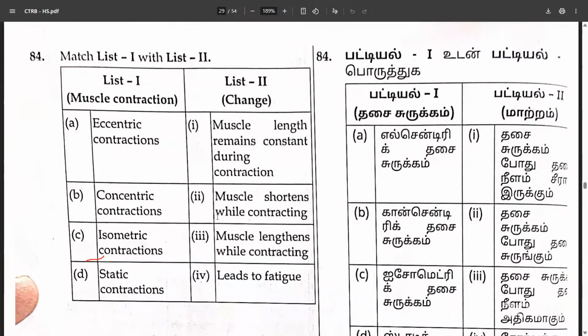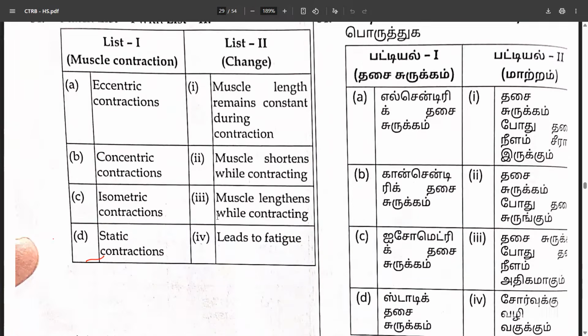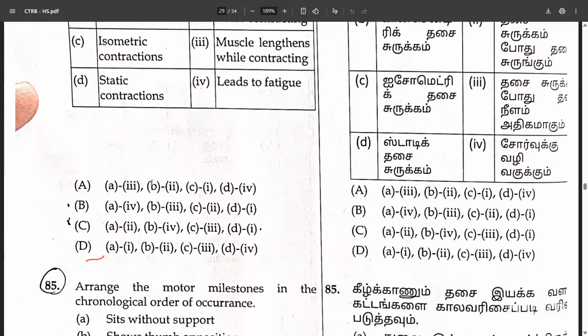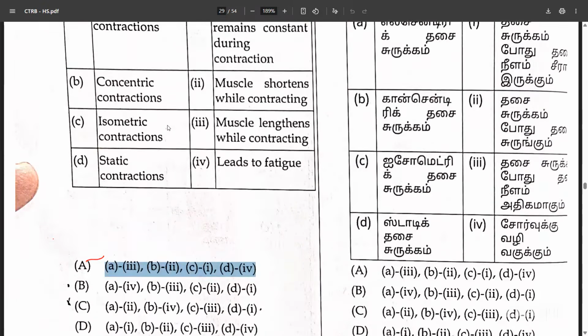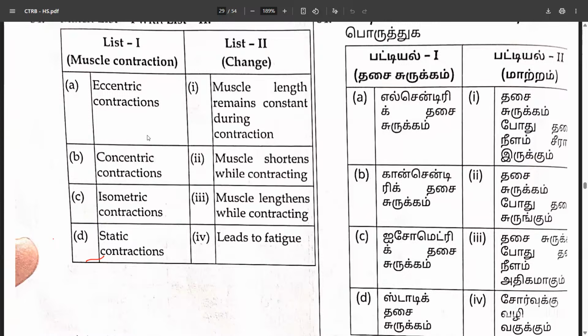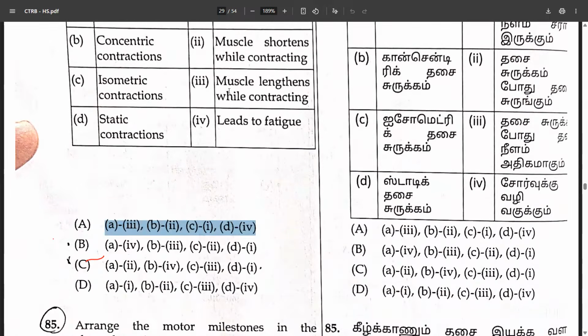Then we have 84th question, in which we have muscle contraction and their changes. So in this, A will be the right answer, as eccentric contraction will be matched with muscle lengthening while contracting.